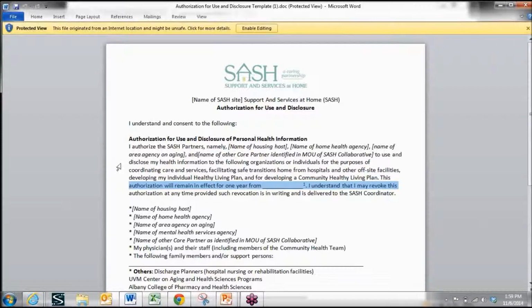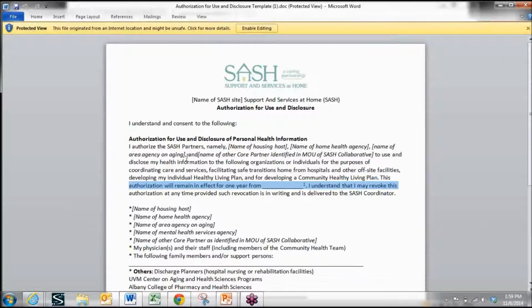Disclosing it means that you, as a SASH coordinator, found out that a participant fell, and you know that that participant has worked closely with the case manager from the AAA, so you're going to make sure that that AAA representative knows that Mary fell. So you're disclosing that information. And the only reason you're able to do that is because your participant will have signed this form.